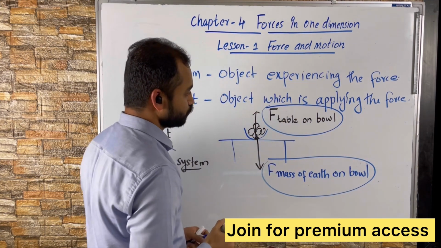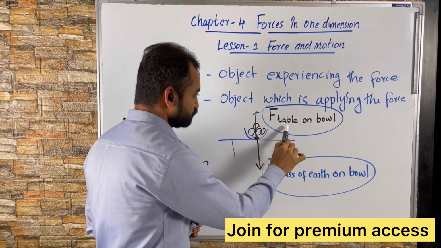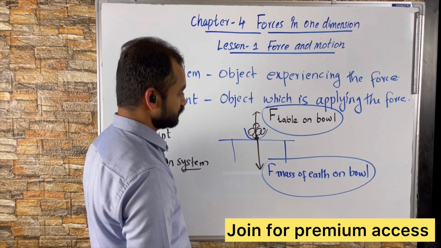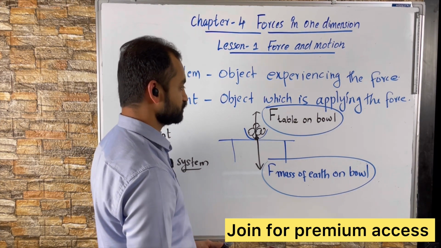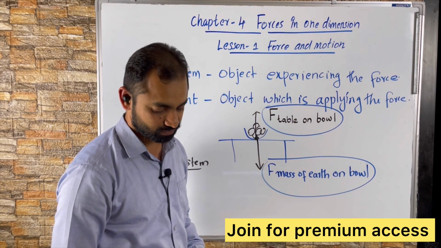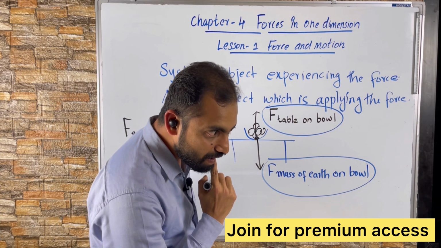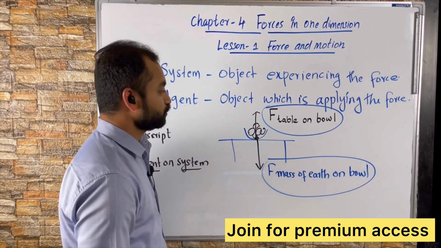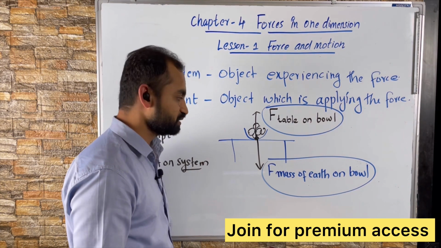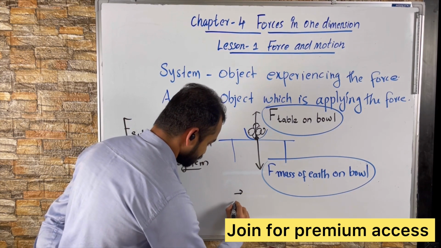Can you tell what are the differences between these two forces, F table on bowl and F mass of earth on bowl? Both are acting on the bowl. Very good. Both the forces are acting on the same object. That is number one. Can you tell another one?